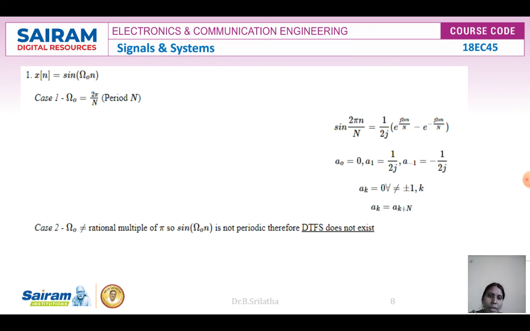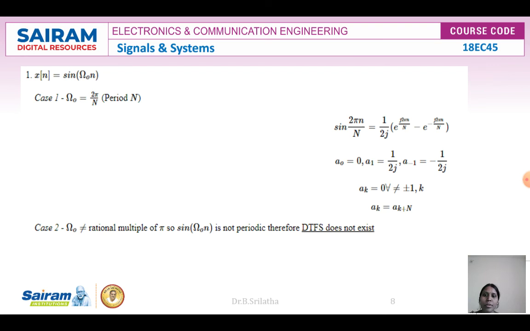We can write it as a naught plus a1 e power j 2 pi n plus a power minus 1 e power minus j 2 pi n. The coefficients of these give the a naught, a1 and a minus 1 values. So a naught is 0, a1 is 1 by 2j, and a minus 1 is minus 1 by 2j.